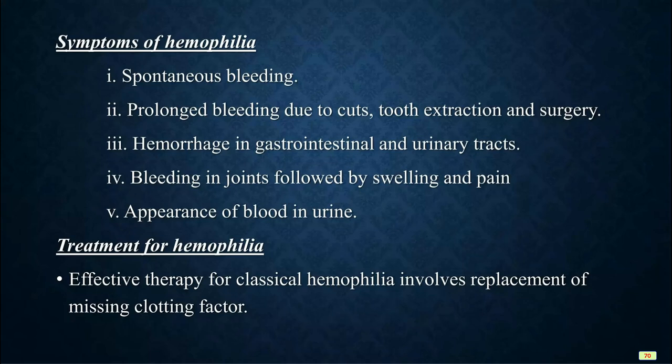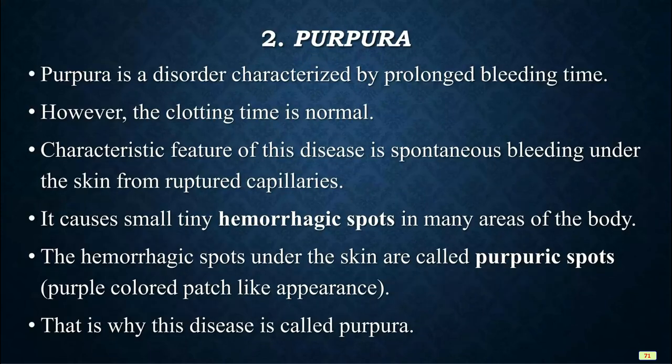So what are the symptoms of hemophilia? Continuous bleeding from all the orifices of the body. The line of treatment of hemophilia is simple: effective therapy for classical hemophilia involves the replacement of missing clotting factors from other animals' blood.